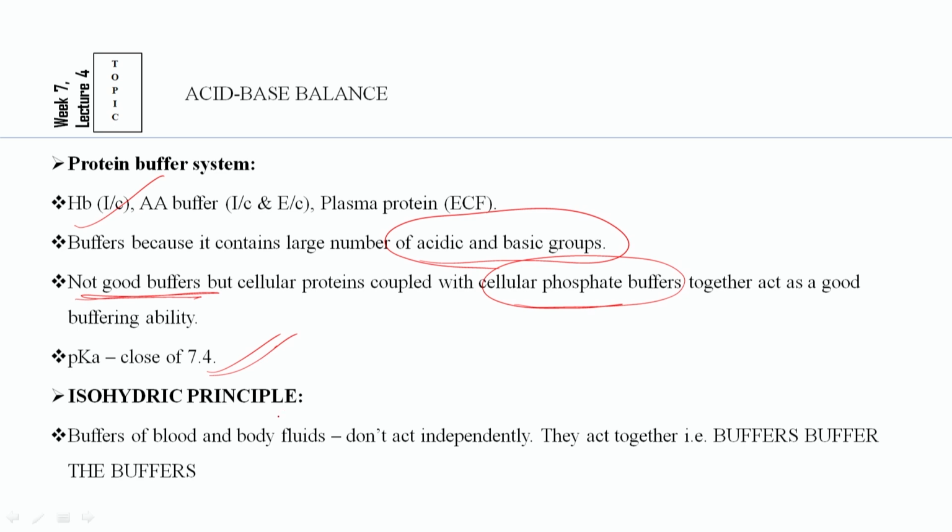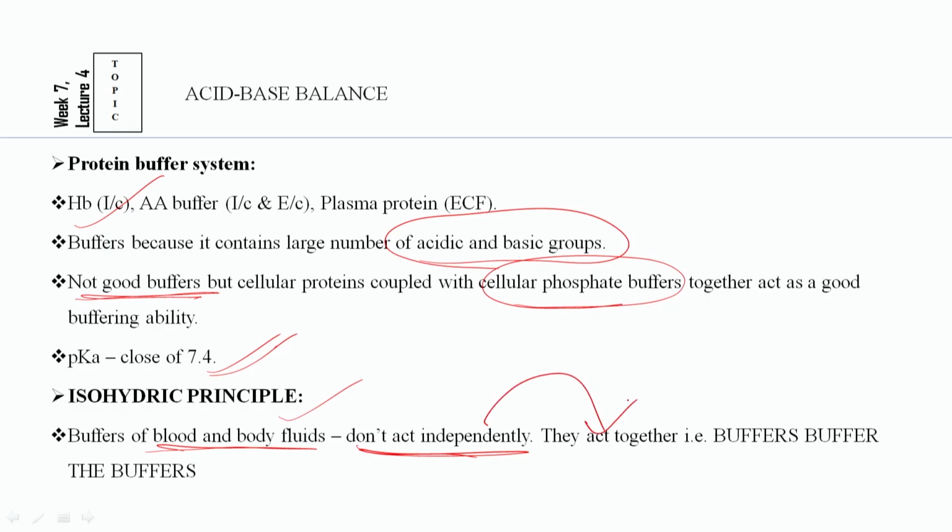Then the next important terminology in this acid-base balance is the isohydric principle. Isohydric principle means all the buffer systems will perform their function cohesively. That means buffers of the blood and the body fluids won't act independently. They will take the help of the other buffer systems to neutralize and to bring the homeostasis, right?